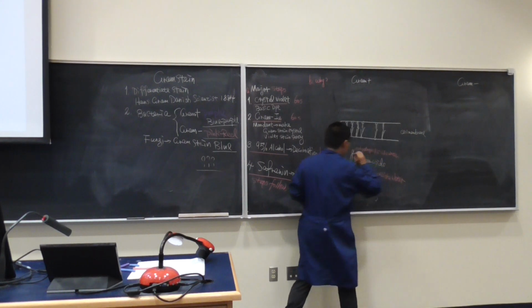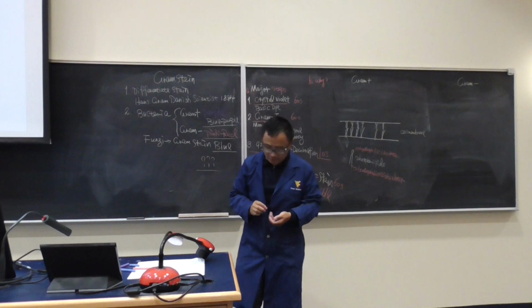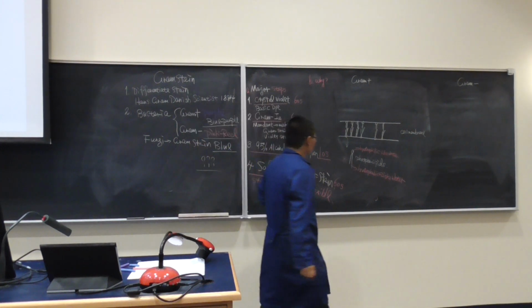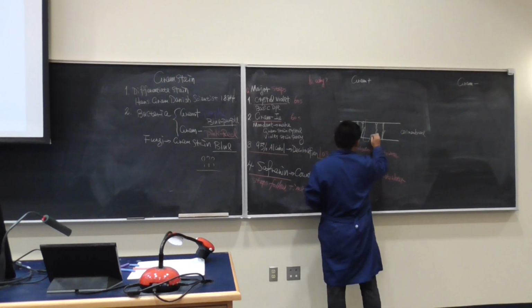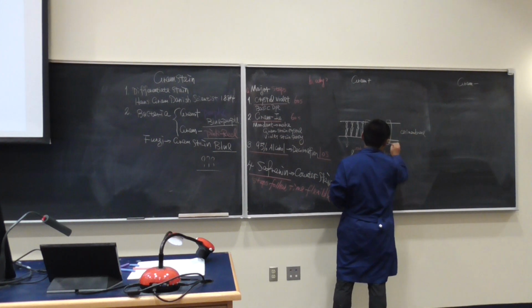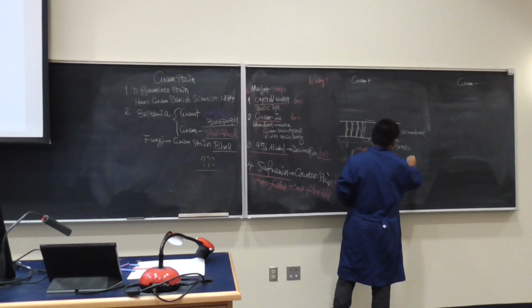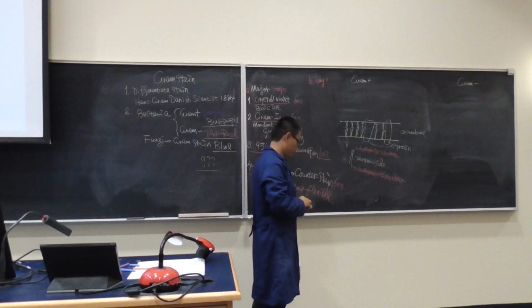And do not forget the double layer of phospholipids is inserted with a big chunk of stuff right here. This is protein. So this is a cell membrane.